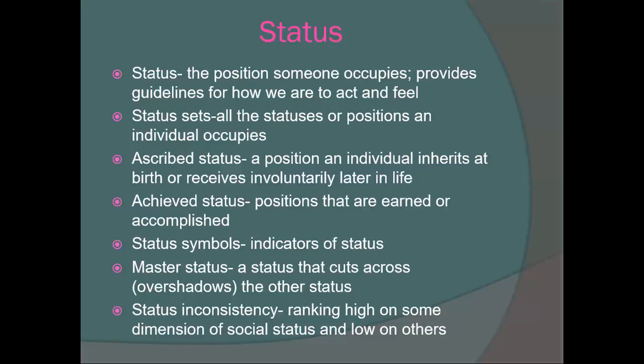College professors are considered status inconsistent because we have a really high level of education, but we have a relatively low income compared to our level of education and level of prestige. A 14-year-old college student would also be status inconsistent because their age isn't consistent with being at that level of education.